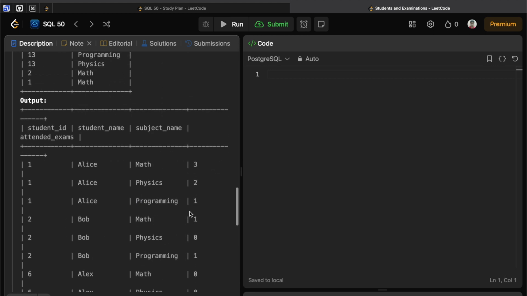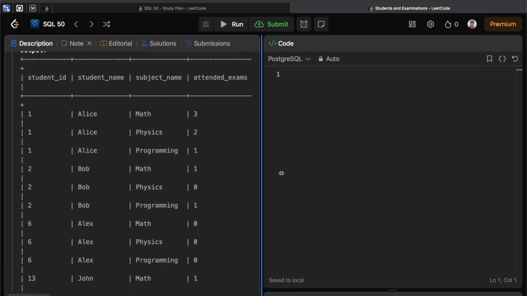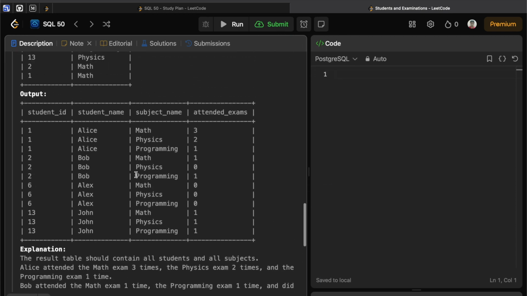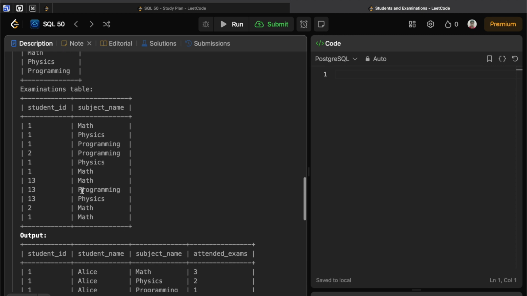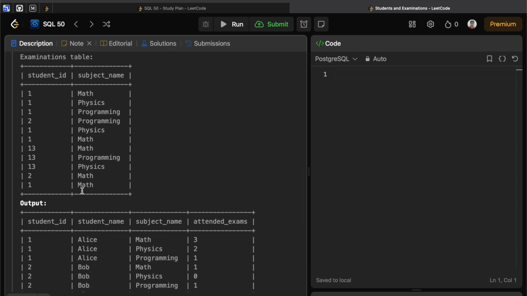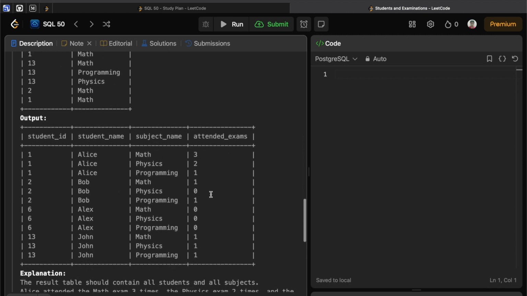And the important part to notice here is, let me just expand this. If there is no attempt by a student for a particular subject, we have to give the result as 0 for that row. So basically every student should have every subject name and the total attended exams, which can be 0 as well, right?